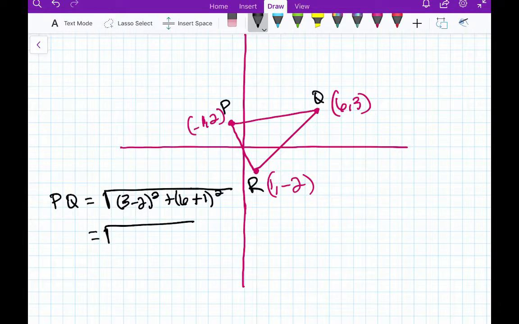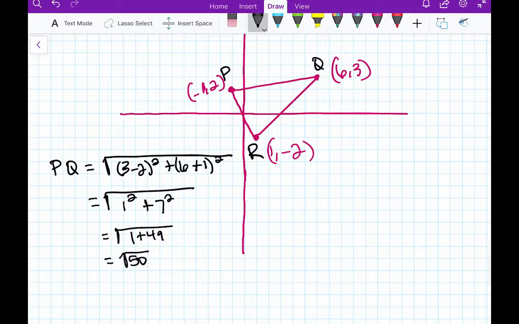So 3 minus 2 is 1, so 1 squared plus 7 squared: 1 squared is 1, 7 squared is 49. So this is going to be the square root of 50, which I can simplify to 5 square root of 2, because 25 times 2 is 50, and the square root of 25 is 5. So PQ is 5 square root of 2.